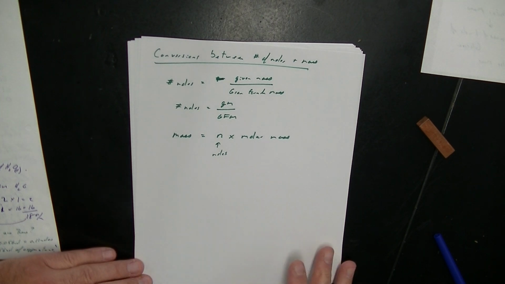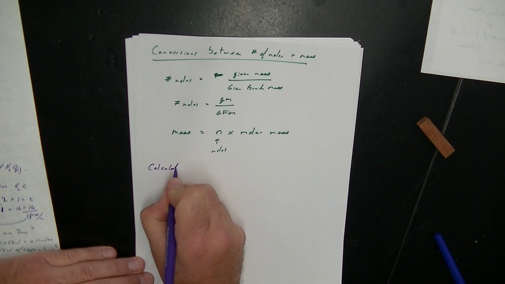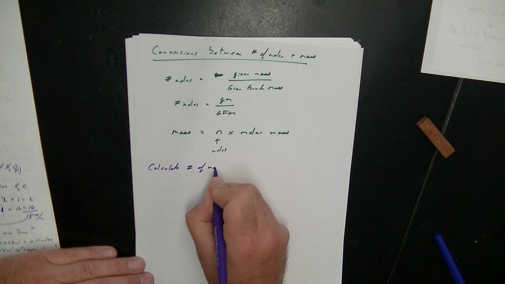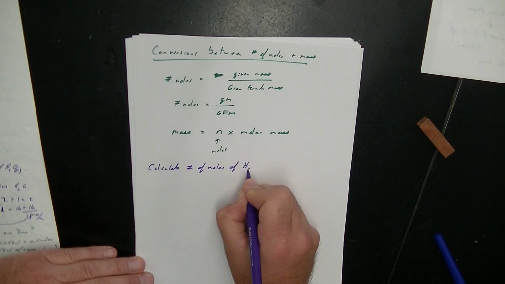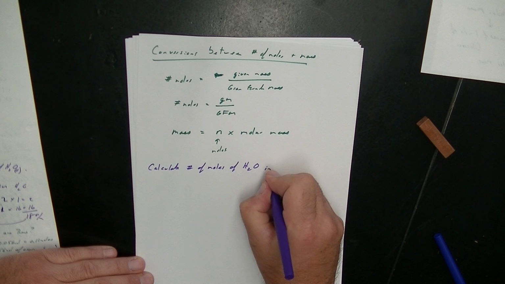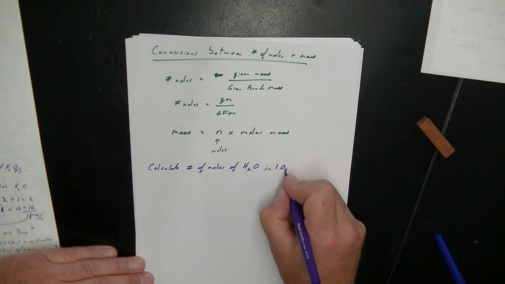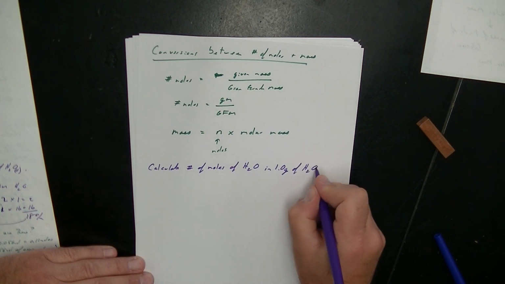So let's try it. Let's calculate the number of moles of water in 1.0 grams of H2O liquid.